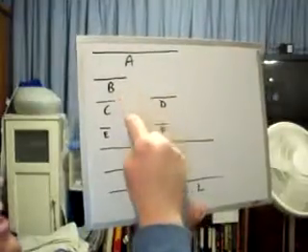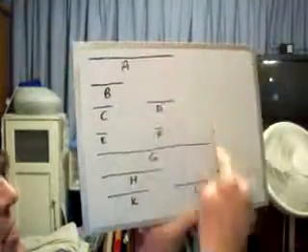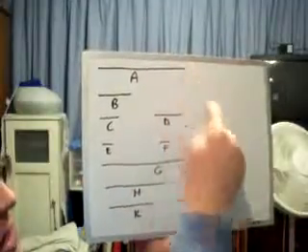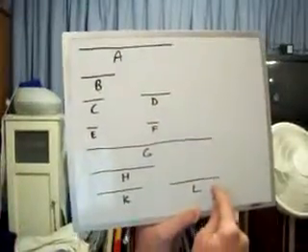Therefore, as C is to E, so is A to L. And this is by Euclid Book 7, proposition number 17. All right. So as this is to this, so is this to that. So these two are in the same ratio as these two. Wow, that's a lot right there.